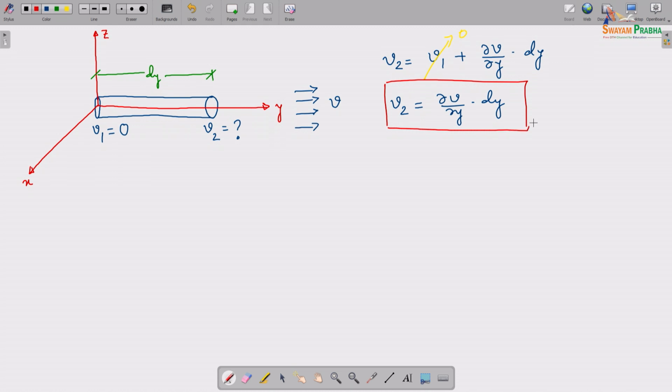Now, if this term V2 is a positive value, it means that if I move in the direction of y, there is a change in the velocity. So there is a definitive rate of change of velocity in the y direction. When this happens, what results is vortex stretching.